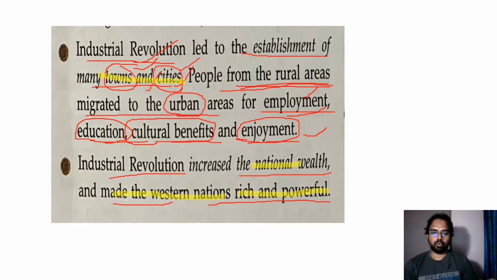They contributed more to the taxation of the nation, and the countries very soon became very rich and powerful. So this is another impact of industrial revolution, making the nation's wealth more.